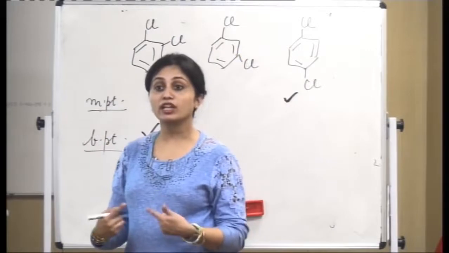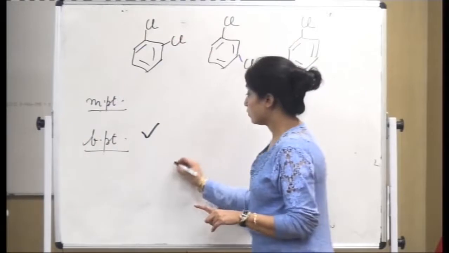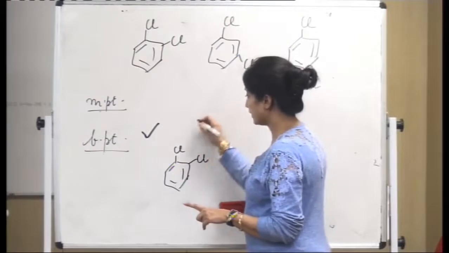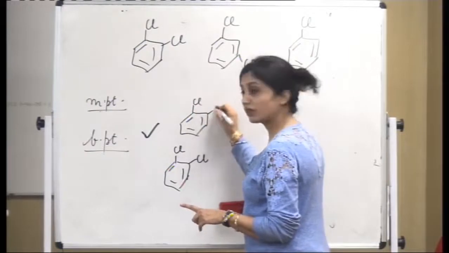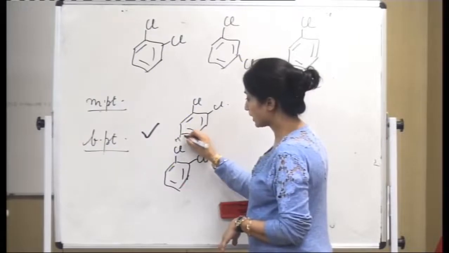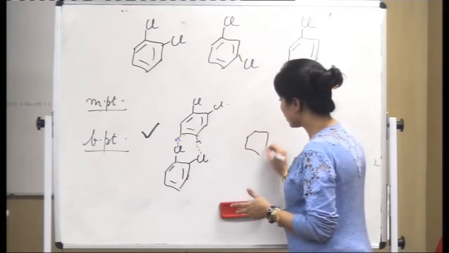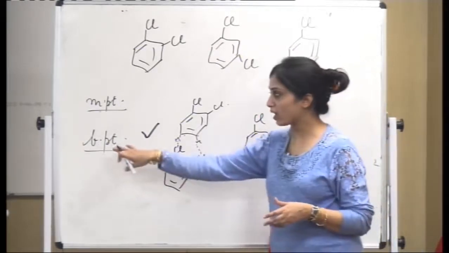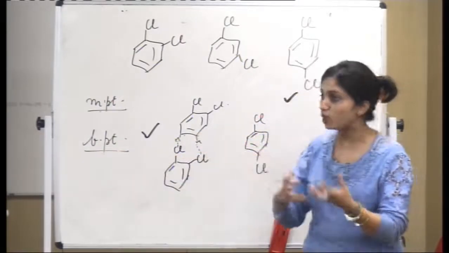Why? Because now you are looking into the intermolecular forces. What kind of intermolecular forces? Say you have Cl here and Cl here. There is another molecule on top of it, one molecule, another molecule. So you have hydrogen here, hydrogen here. They can easily get involved in hydrogen bonding better in this case than para. When you are talking about the boiling point trend, what are you looking at? The intermolecular forces.